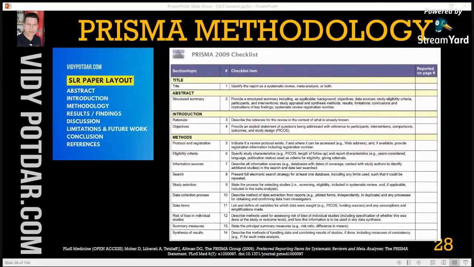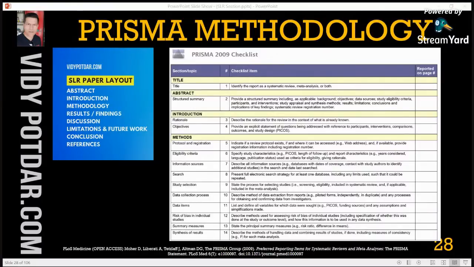In total there are 27 items. You can see the item numbers here, 1, 2, 3, 4, and so on. Each item is something you have to include in your systematic literature review paper. And when you submit an SLR for review, it is advised that you submit it along with this checklist.